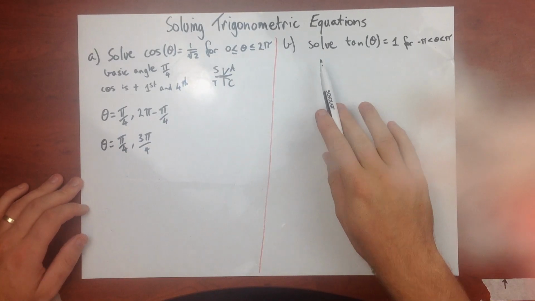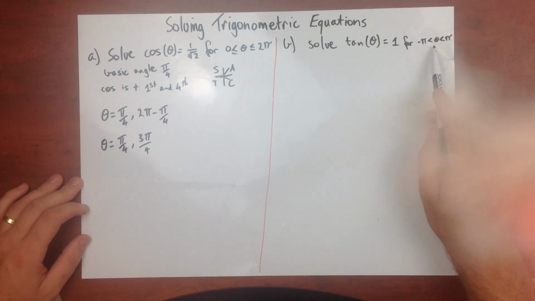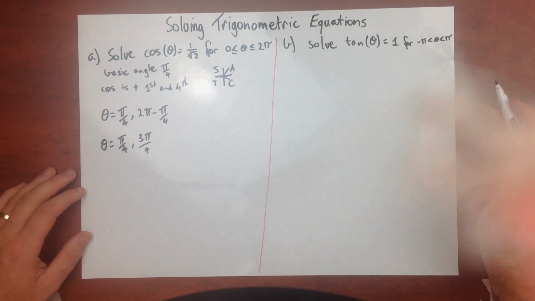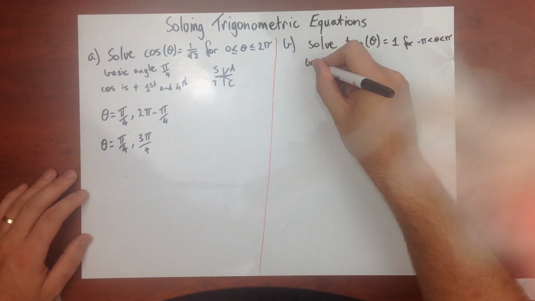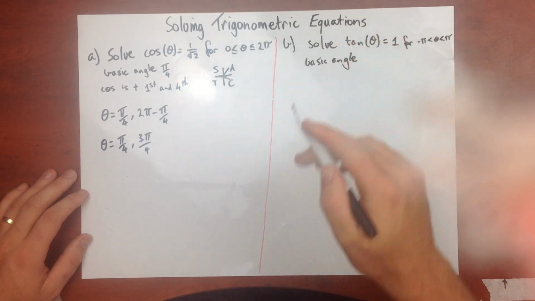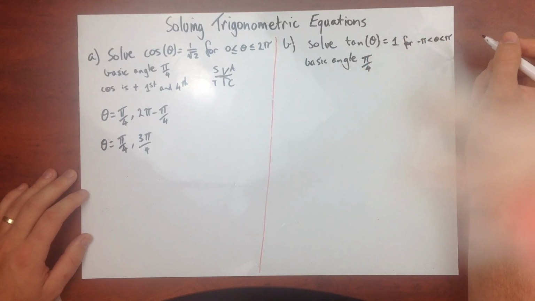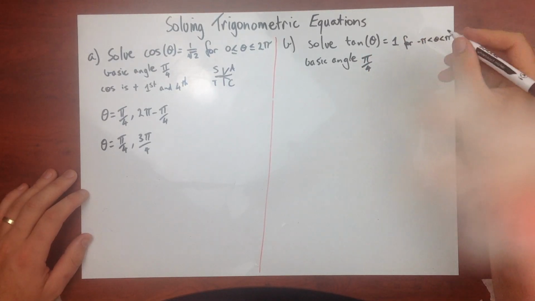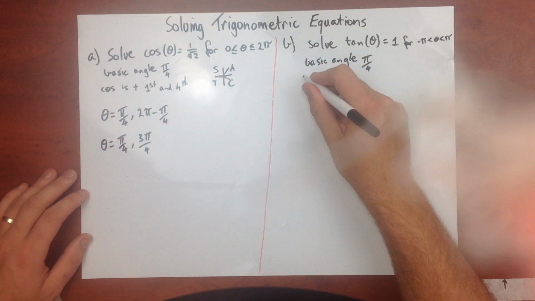For the second one we've got: solve tan theta equals 1 for negative pi to pi. This one can be a little bit trickier. Again we do the same thing though. Our basic angle is again pi on 4. Now we need to think about this domain a little bit more, but we'll still be able to look at when tan is positive.